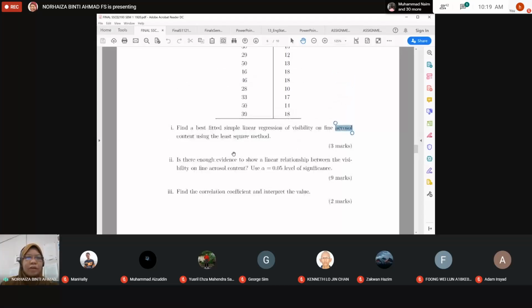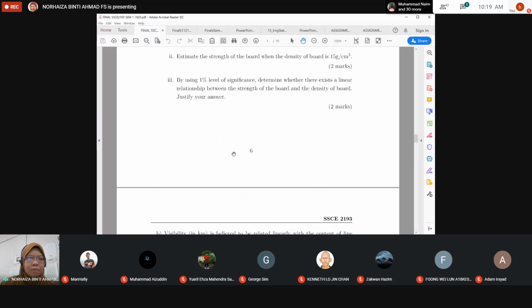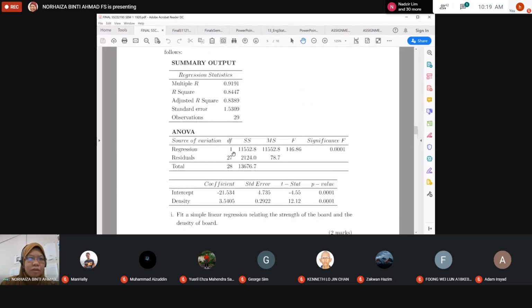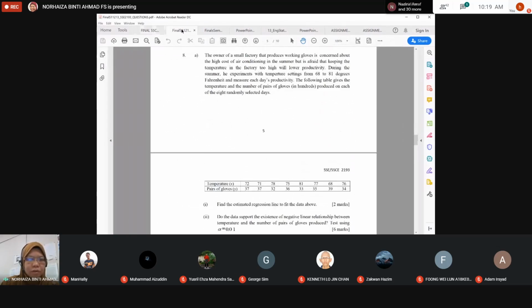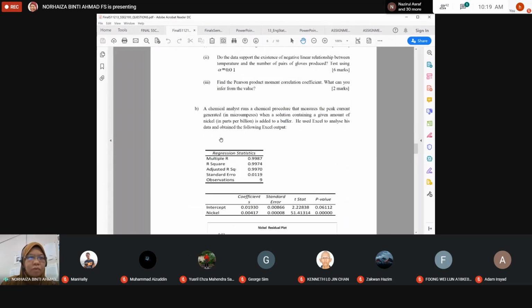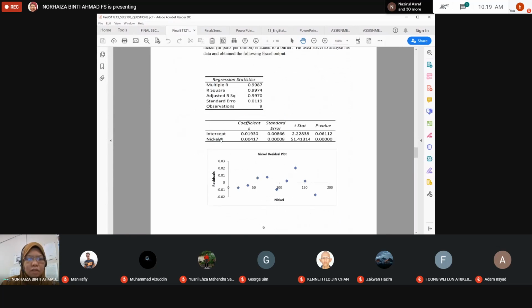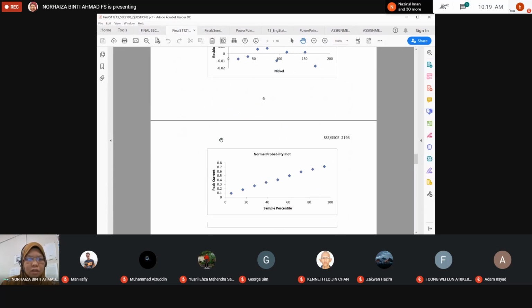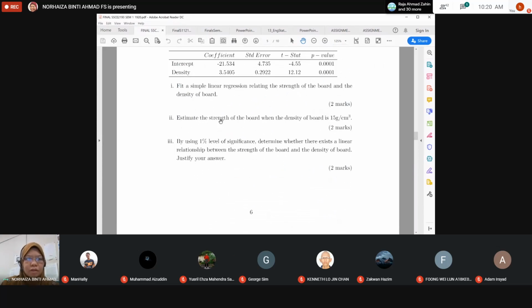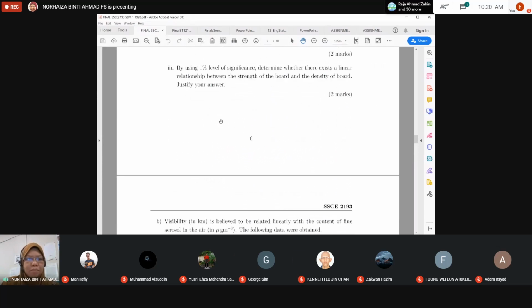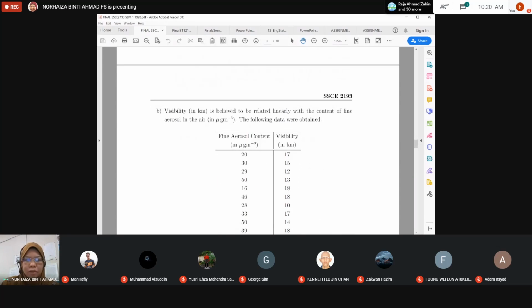Oh, actually you can do all this question actually. Part B. Tapi tak ada jawapan tu? Did I give you jawapan for 1213? Okay, tak apalah, you can try this one. You can try part B.